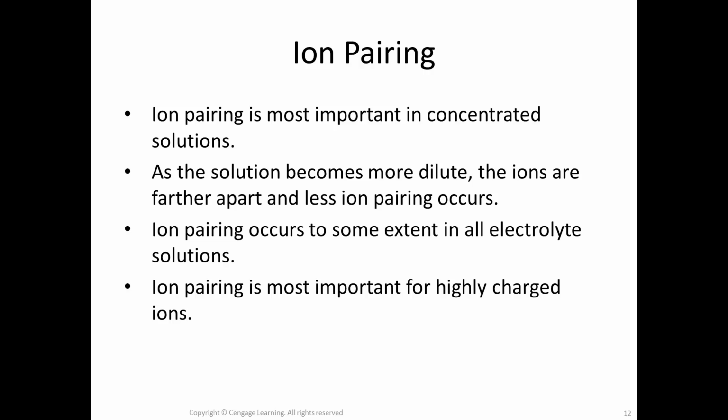As solutions become more dilute, the ions are further apart and less ion pairing occurs. However, ion pairing does occur to some extent in all electrolyte solutions. Ion pairing becomes most important for very highly charged ions at high concentration.